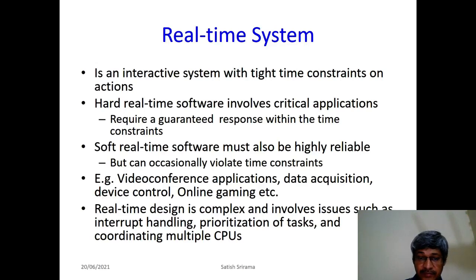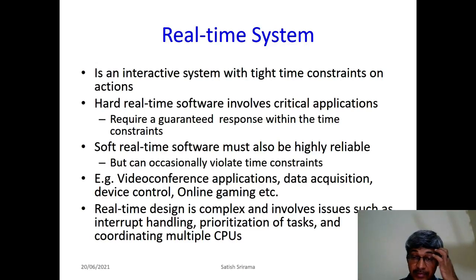But think about a real-time system in a factory setting. If something happens, immediately an alarm has to be raised. For example, if a fire is happening, immediately an alarm has to be raised. That's a real-time system.